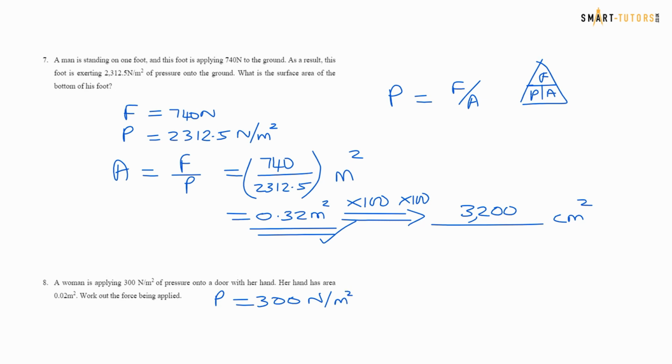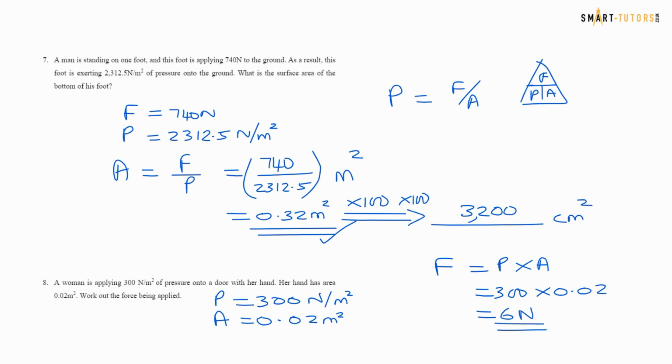Her hand has an area of 0.02 meter squared, and we need to work out the force. Force is going to be pressure times area. So pressure is 300 times 0.02, so it's going to be 6 Newton. So that is the answer for question number 8.